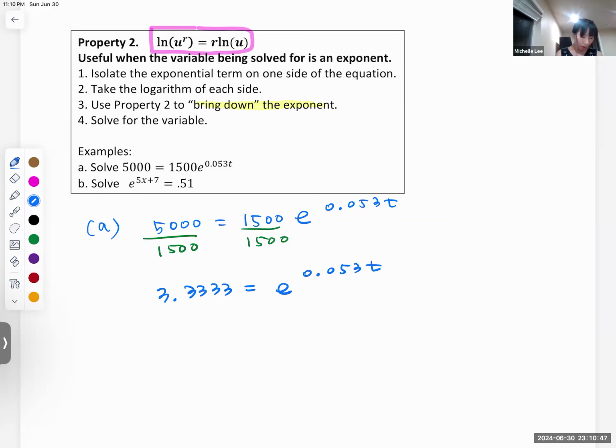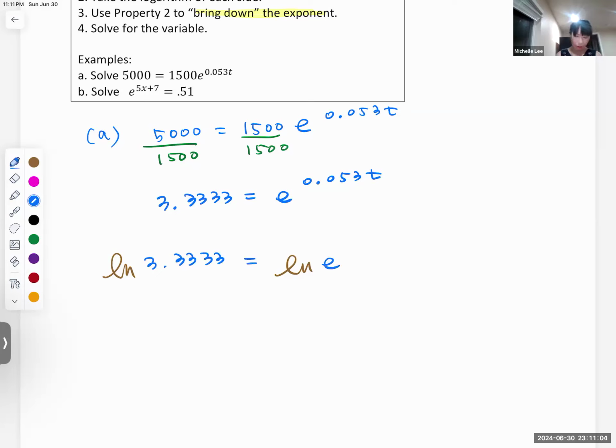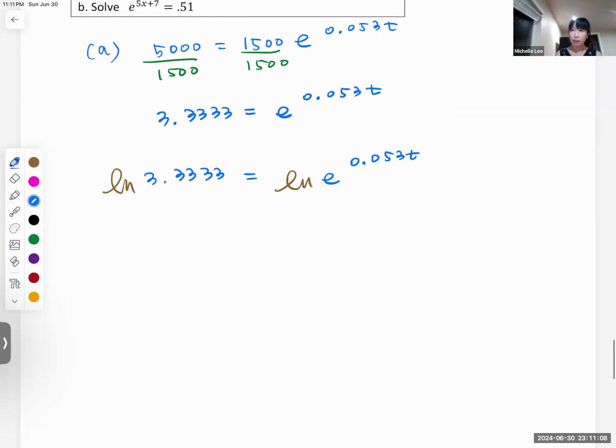So it's 3.3333 equal to e to the 0.053t.